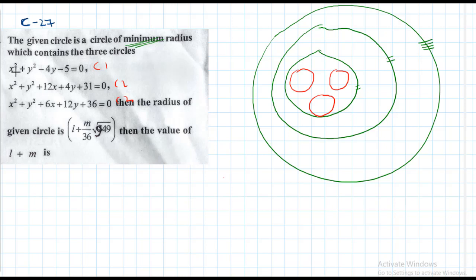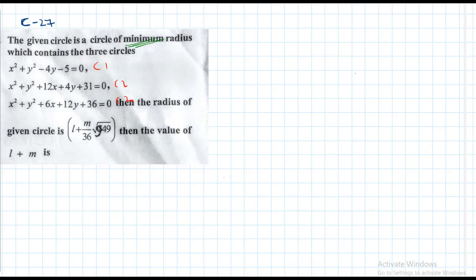Here I want to draw an exact diagram, then only we get the correct idea to solve this problem. Okay students, I want to write the information about all the circles. First circle C1, center is 0, 2 and radius I want to find, say R1, root over 0 plus 4 minus, that is plus 5, which is equal to 3.